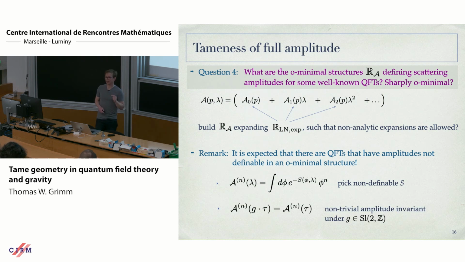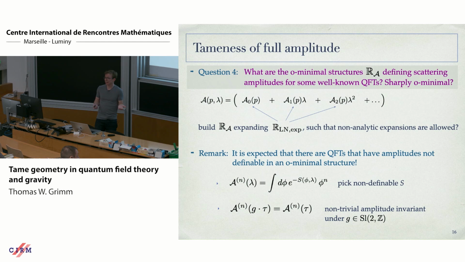I give you another example, which is maybe even more basic, but has some important clues. Namely, if my amplitude has some non-trivial symmetry. So for example, my amplitude now depends on a complex parameter, two of these lambdas if you want. Tau is now a complex number, and I transform it by SL2Z in the usual way, and it's invariant.